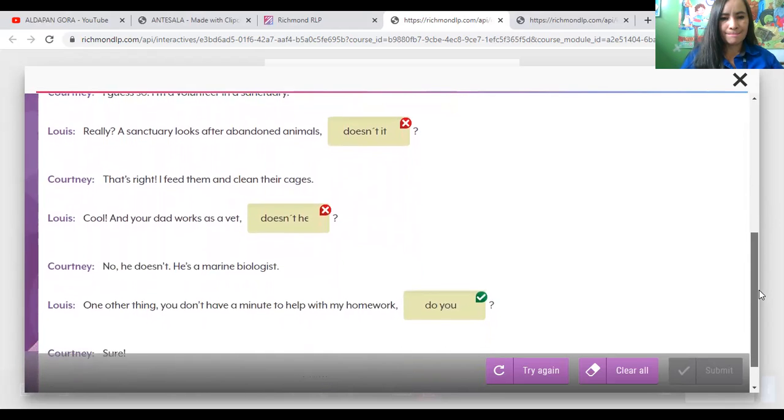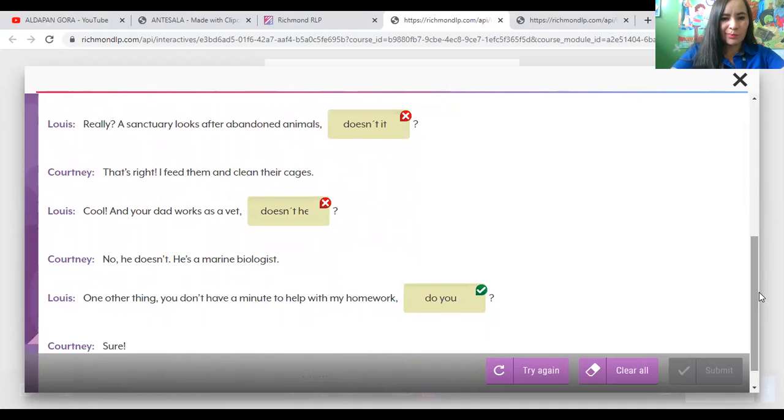That's right. I feed them and clean their cages. Cool. And your dad works as a vet, doesn't he? No, he doesn't. He is a marine biologist. One other thing, you don't have a minute to help with my homework, do you? Sure.